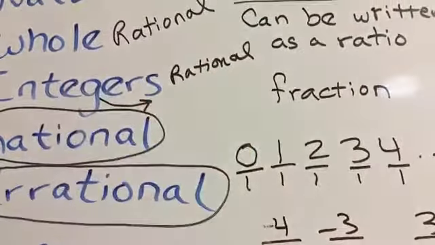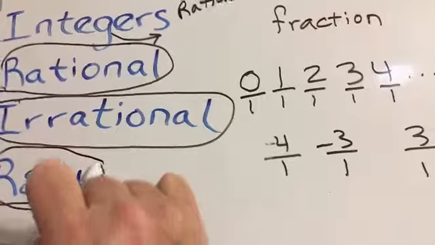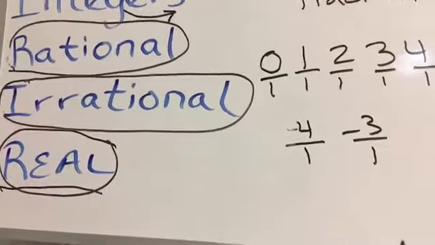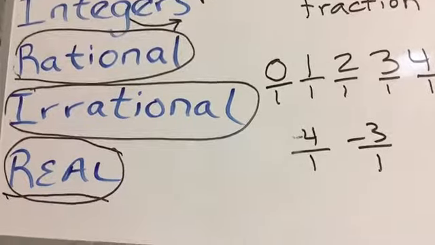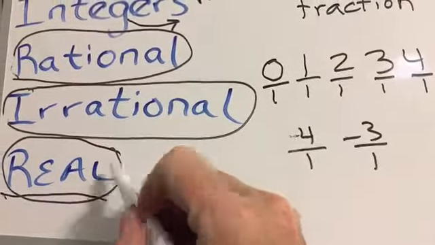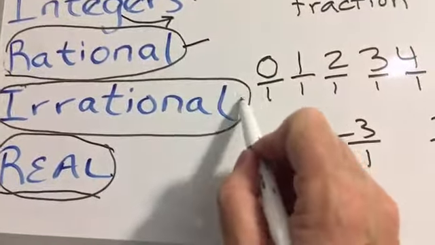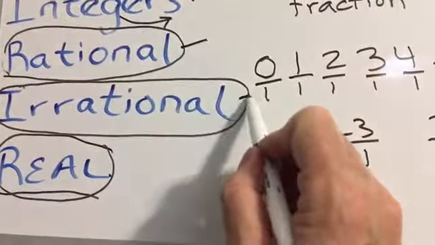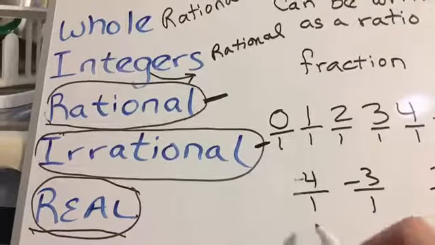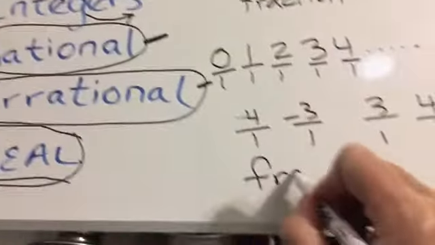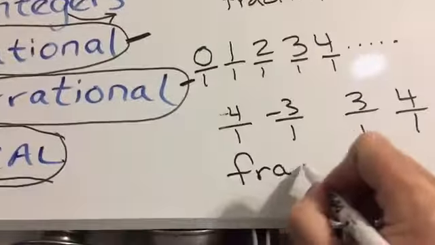Now, right here, our real numbers cannot all be written as fractions. So we're going to divide our real numbers into rational and irrational and decide what kind of numbers fit in each one. Well, it's obvious that all of our fractions will be rational.